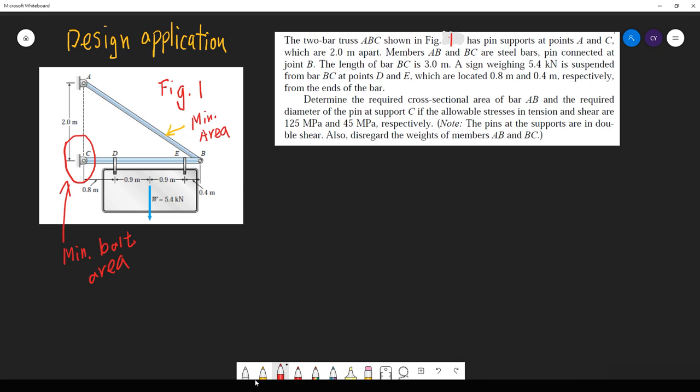And if the bolt here is too small, maybe it breaks here. So in the design application, we need to calculate what is the minimum area here, and also the minimum area of the bolt here to guarantee the structure is stable. We take a rest and then keep going.